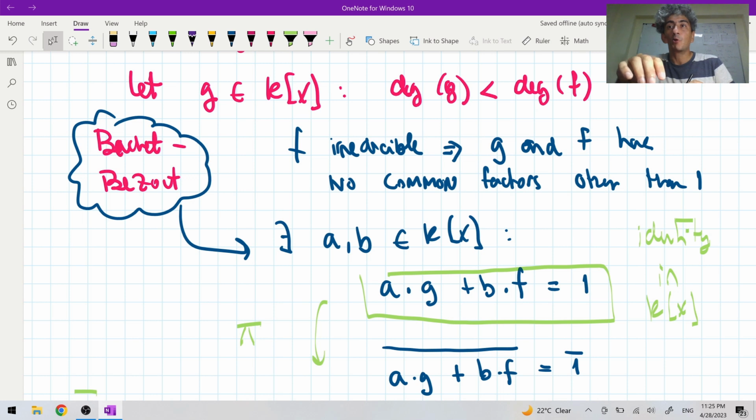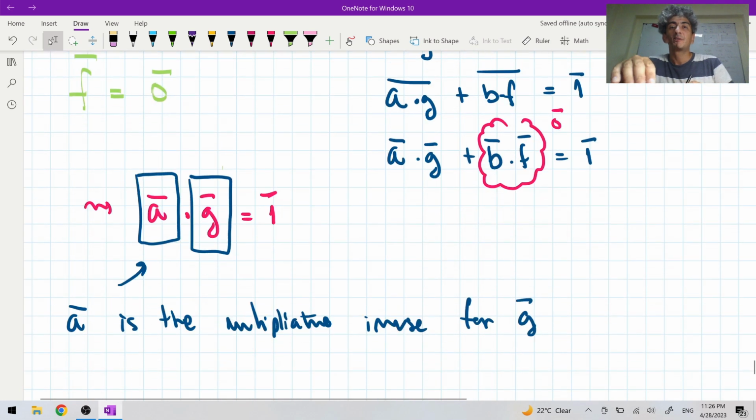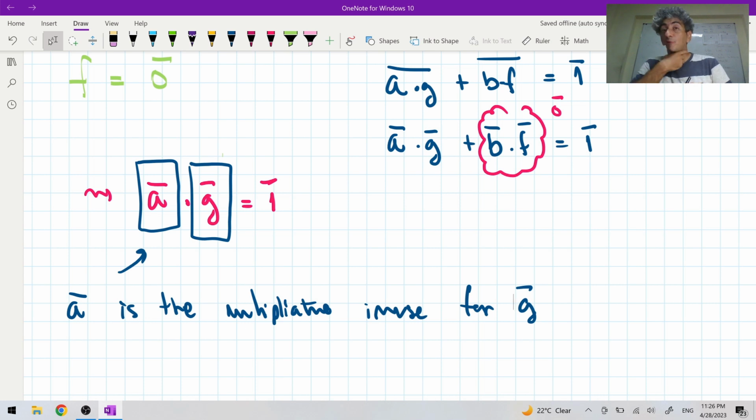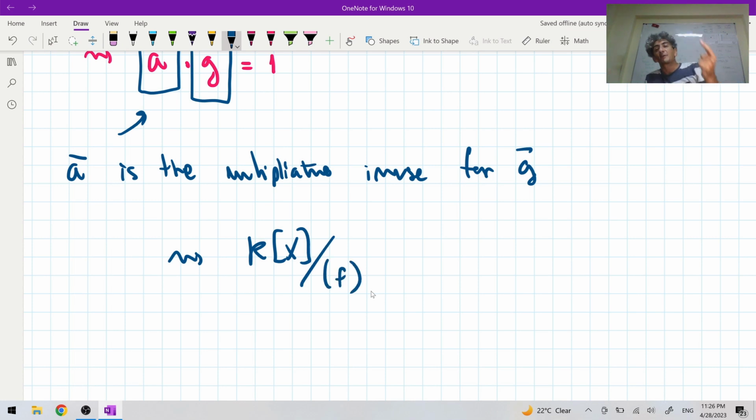So Cauchy-Bézout allows us to write it this way, and then the projection does the rest. Every non-zero class in the ring K[x]/(f) has a multiplicative inverse. So we have shown that K[x]/(f) is not only a commutative ring, but it's also a field.